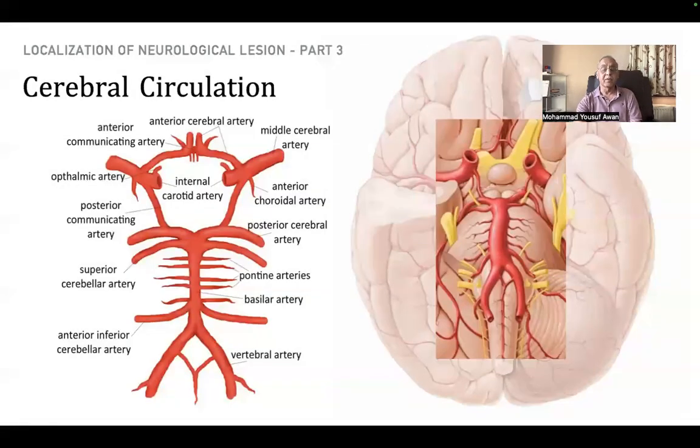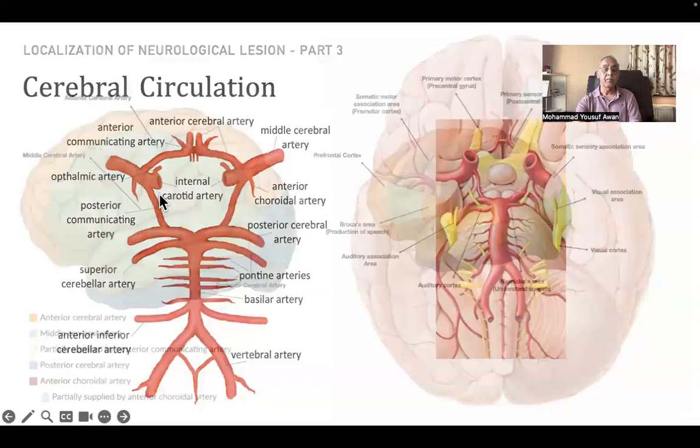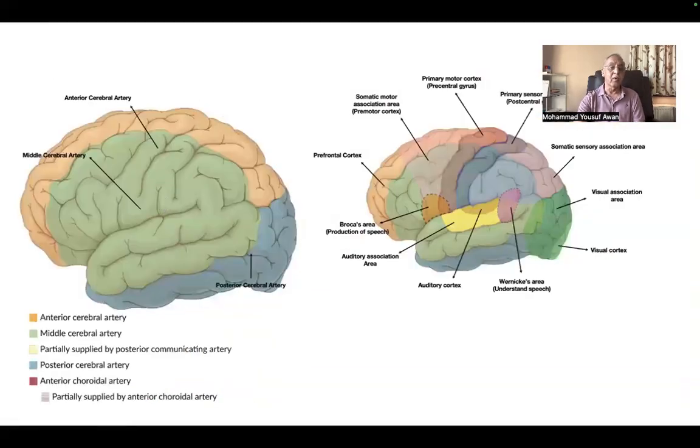Again, the same figure with more elaborate labeling. These arteries supply different parts of the brain. The yellowish part is supplied by the anterior cerebral artery, but the lateral surface is supplied by the middle cerebral artery, and this is the posterior cerebral artery circulation area.